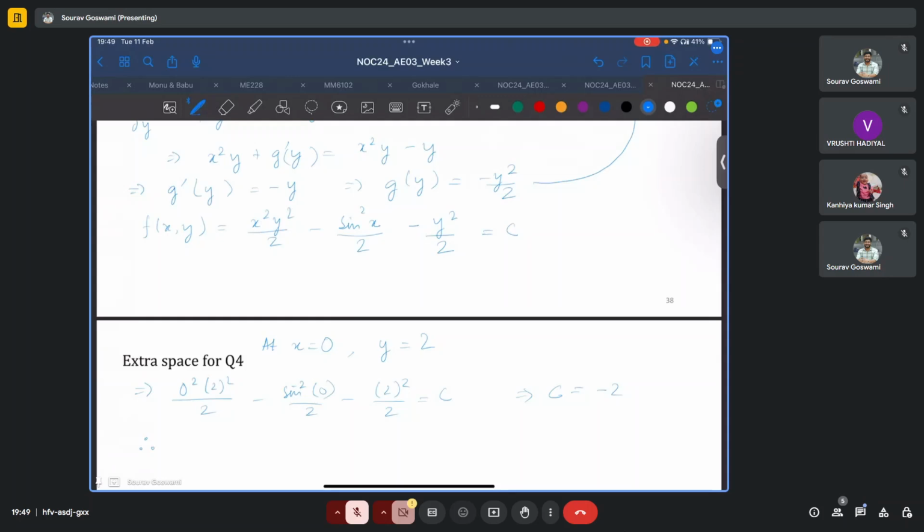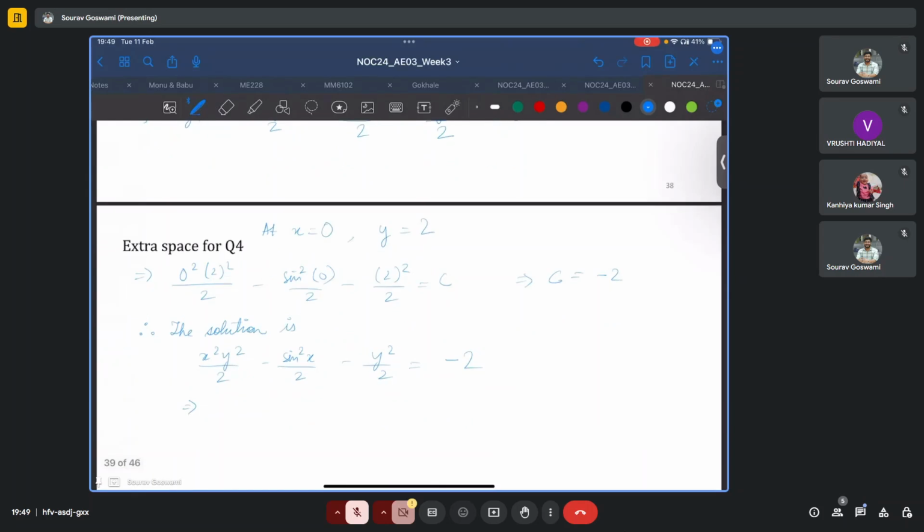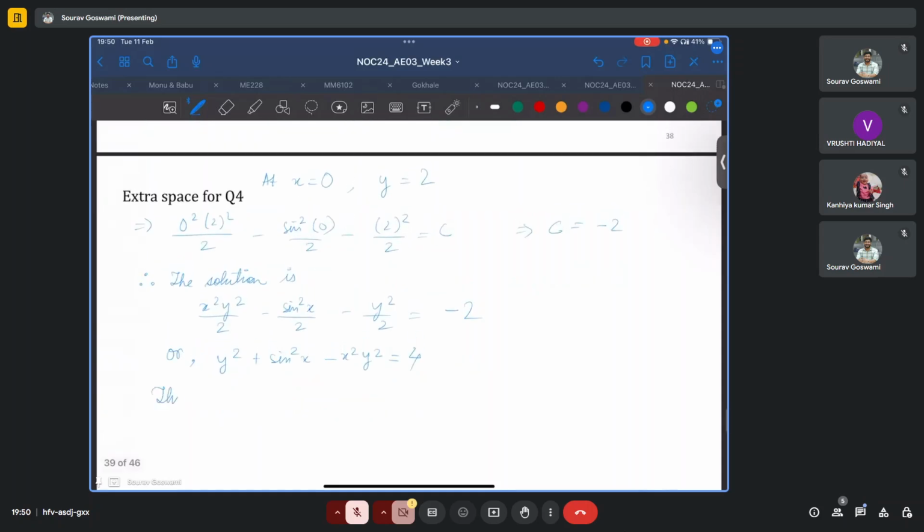Therefore, the solution is x square y square by 2 minus sin square x by 2 minus y square by 2 is equal to minus 2, or just y square plus sin square x minus x square y square is equal to 4. This is the solution.